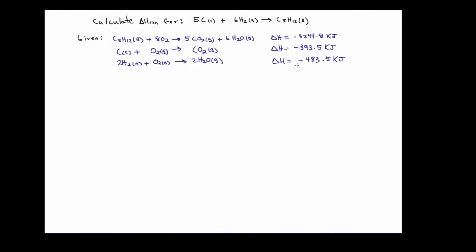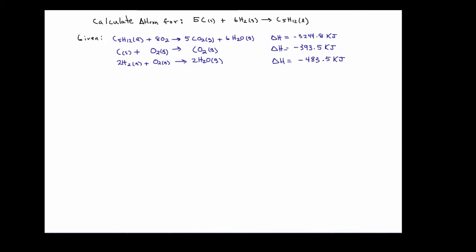If we multiply through by a coefficient, you must then take the coefficient and multiply through the delta H. When we have summed together all of the equations and successfully found the equation that we're interested in, then we must sum the delta H's to find the change in energy for that particular reaction.